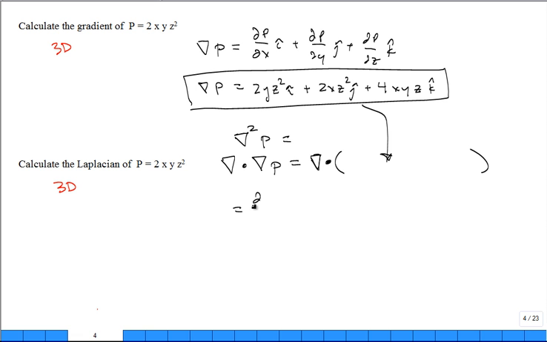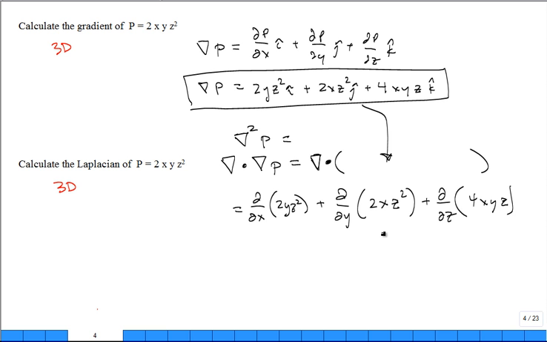It's just the partial with respect to x of 2yz squared, added to the partial with respect to y of 2xz squared, plus the partial with respect to z of 4xyz. And a lot of people were able to say 0.